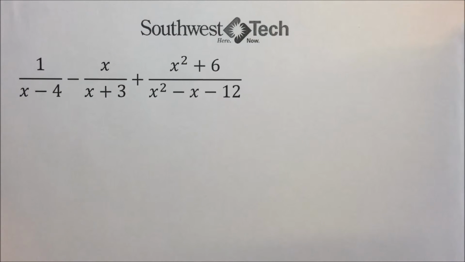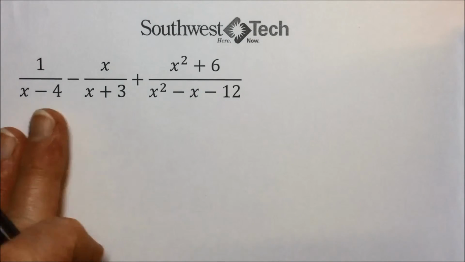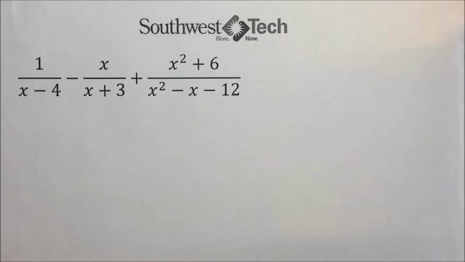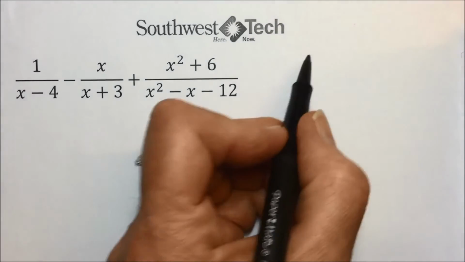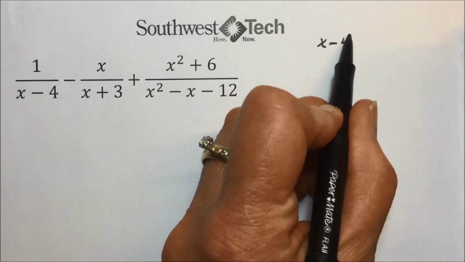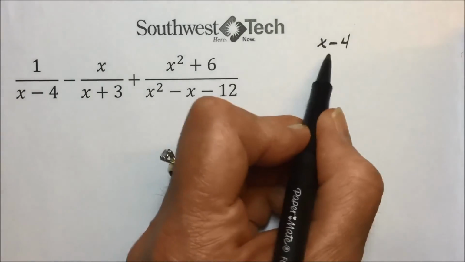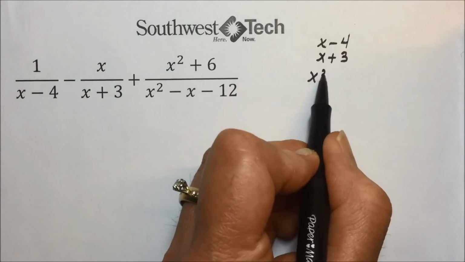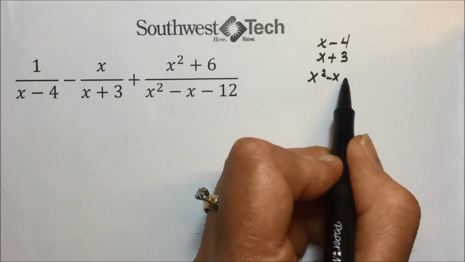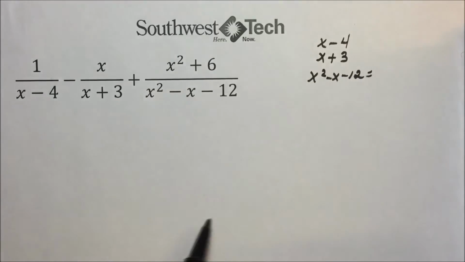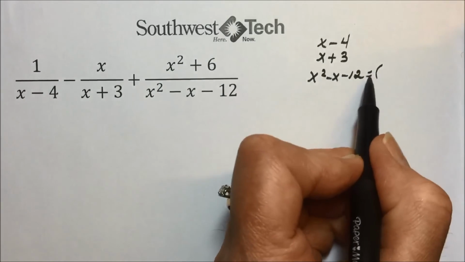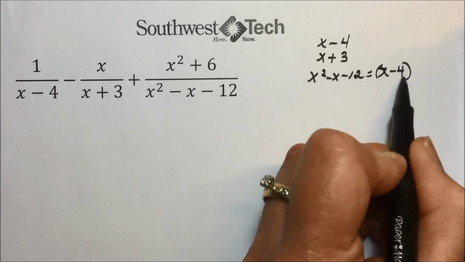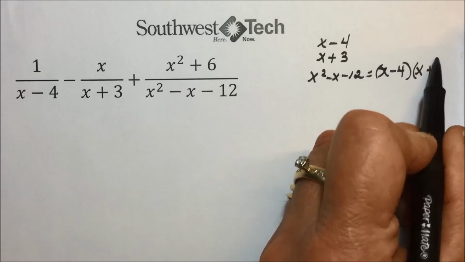In this next example, we're adding and subtracting rational expressions. We're looking for our least common multiple. Well, the first fraction, it's clear, it's an x minus 4. The second fraction's denominator is an x plus 3. And if we factor x squared minus x minus 12, it factors into an x minus 4 times x plus 3.